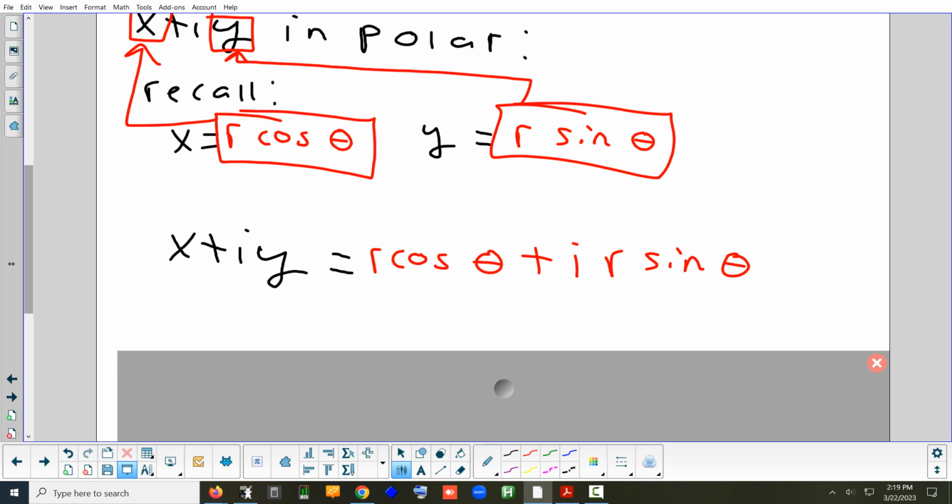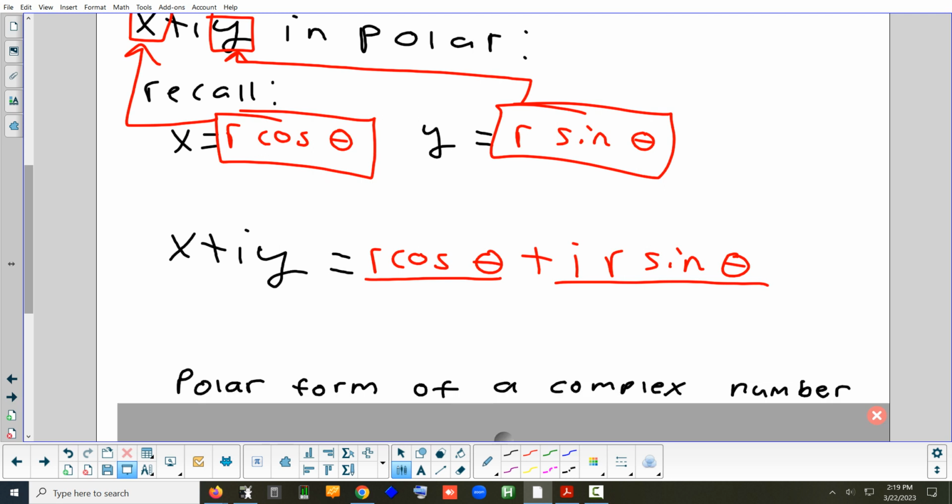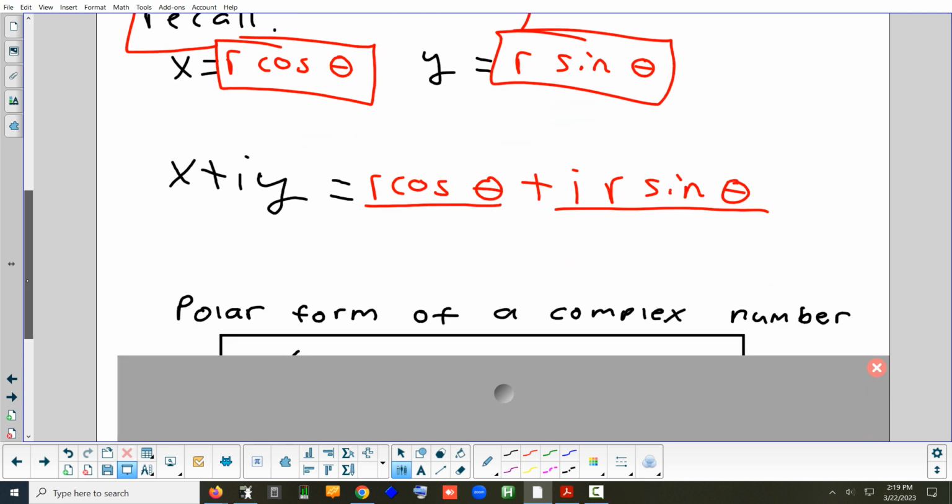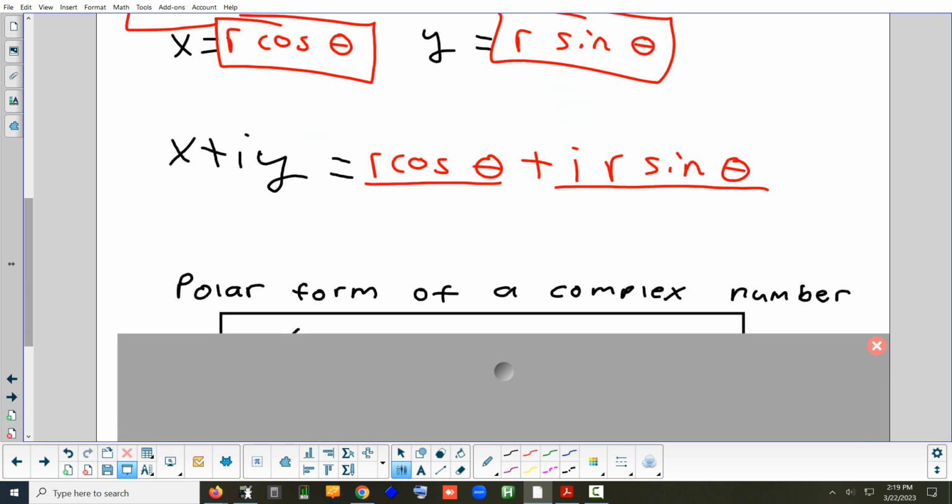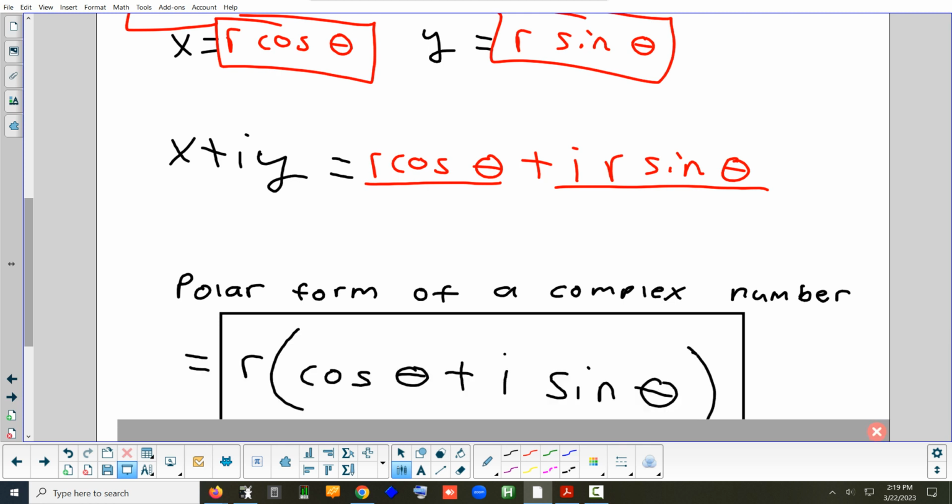Now, if you look at it though, look at this and look at that. What do they both have in common as a factor? They have, well, the degree, that's your argument. So yeah, they have the same argument, but they have the r in common as a factor. Well, whenever two things have the same factor in common, you can factor that out.